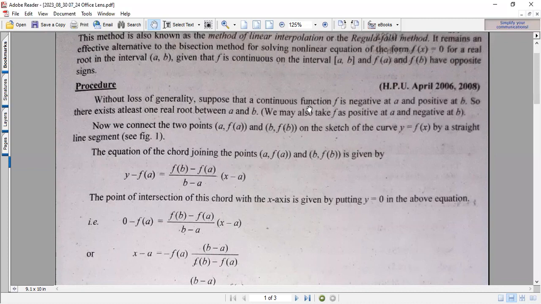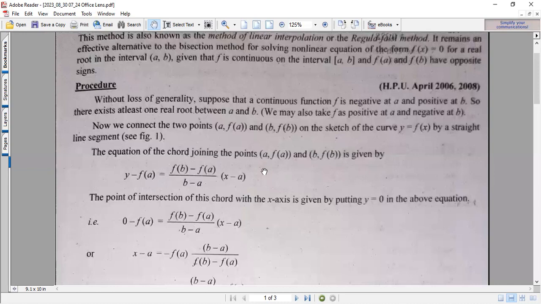The equation of the chord joining the points (a, f of a) and (b, f of b) is given by y minus f of a equals f of b minus f of a upon b minus a, into x minus a. The point of intersection of this chord with the x-axis is given by putting y equal to 0 in the above equation.